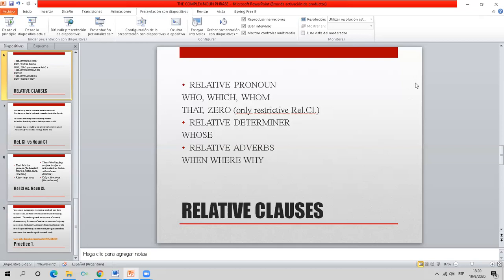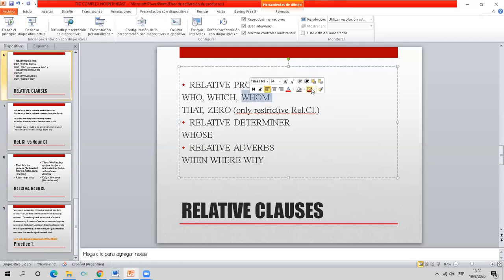When do we use whom? Well, we have to think of whom as the objective form of who. What does it mean? It means that we use whom when the word performs the function of object or the function of object to a preposition. Let's see.